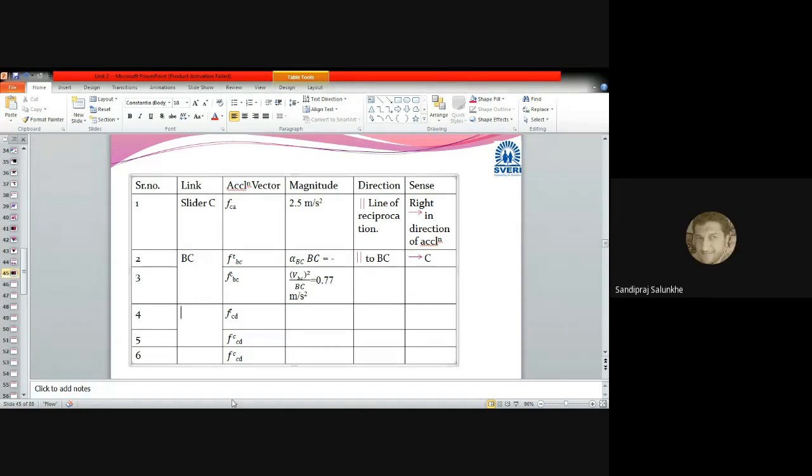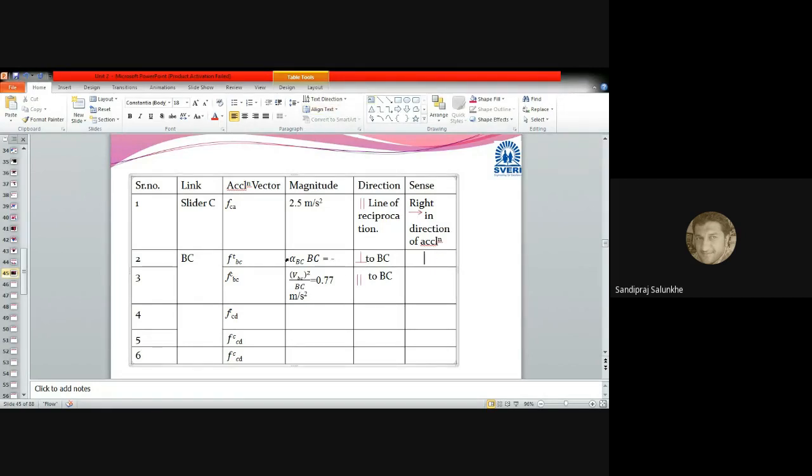I'm sorry, is it right now? Sir, this is the tangential component of BC, so it should be perpendicular now, right? The tangential component is perpendicular, it won't be parallel. Parallel to BC is the centripetal one, and here it is perpendicular to BC. The tangential component is perpendicular to BC, but we don't know the direction of alpha.